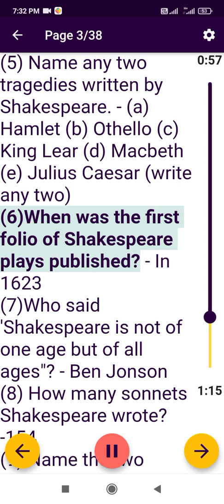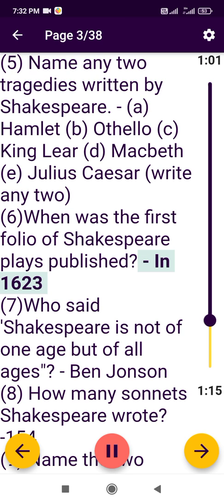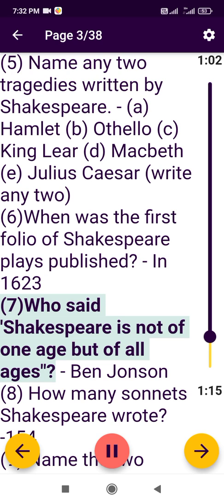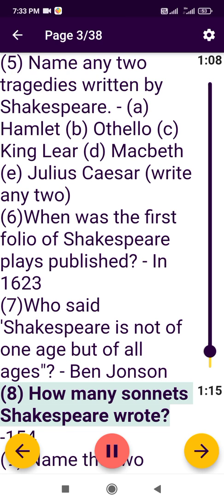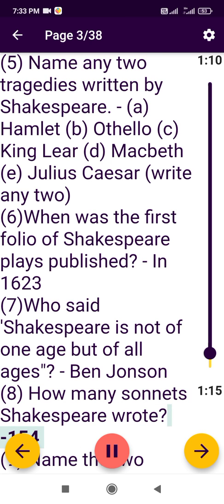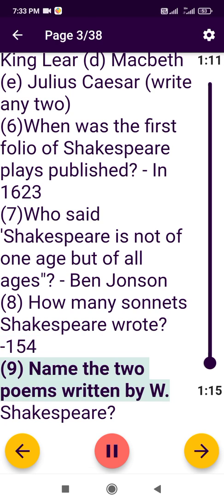6. When was the first folio of Shakespeare's plays published? In 1623. 7. Who said, Shakespeare is not of one age, but of all ages? Ben Jonson. 8. How many sonnets did Shakespeare write? 154. 9.